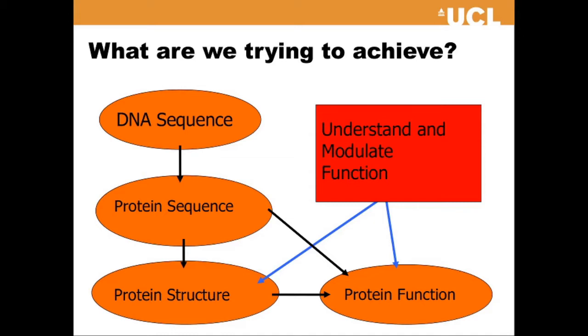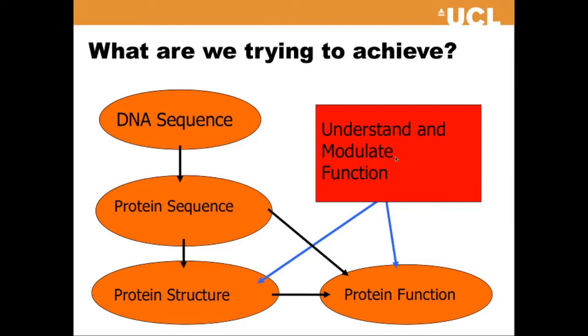But when we understand the detail of protein structure and we understand the function, then we can see how that structure influences the function, and we can look at things like mutations and understand how those damage protein function. Now, once we understand the link between structure and function, we hope to be able to modulate the function.